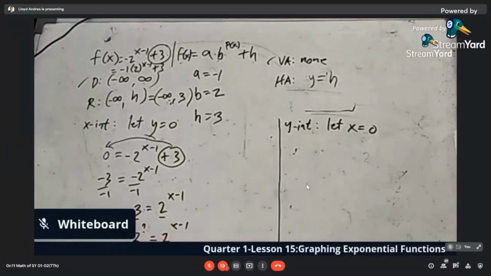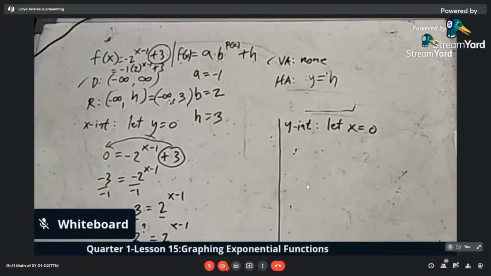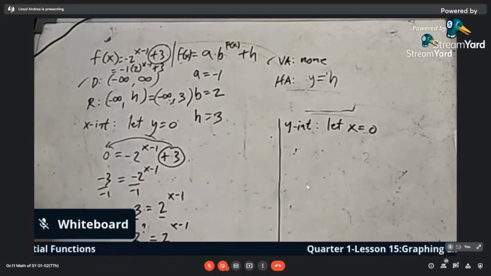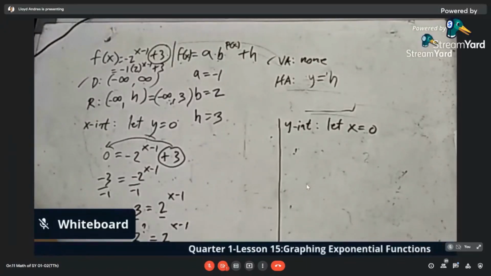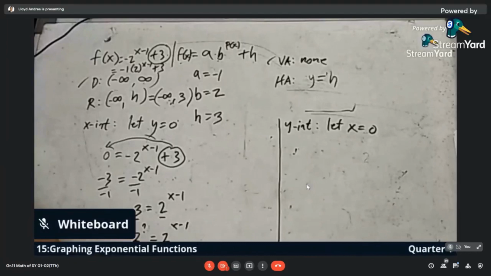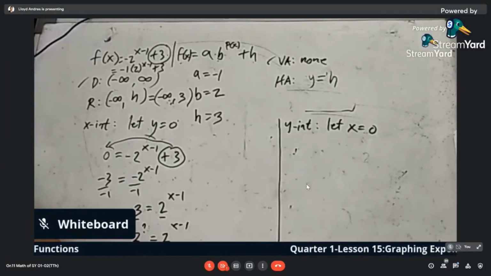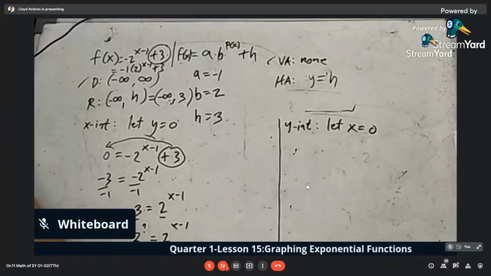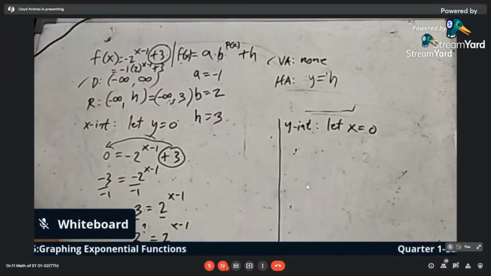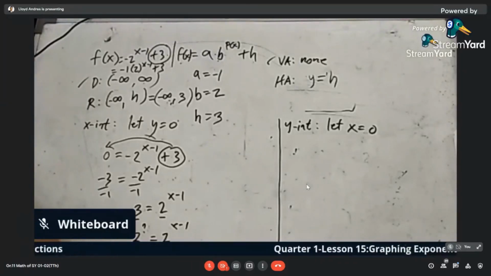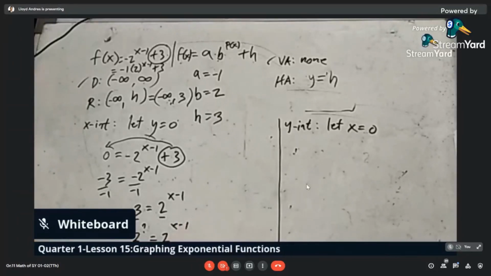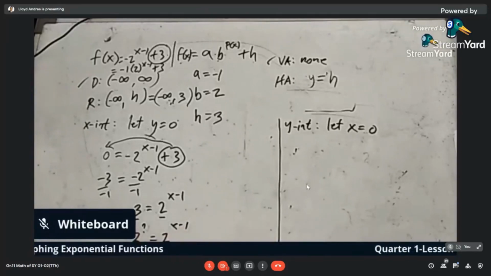Nabatay mabuhat diri nga mapareha sila og exponent.